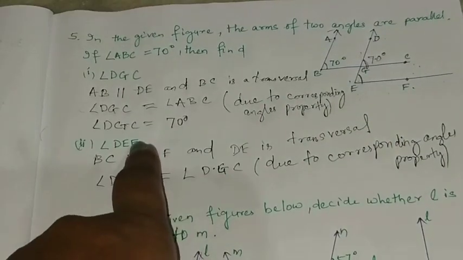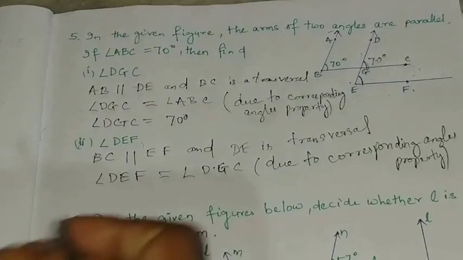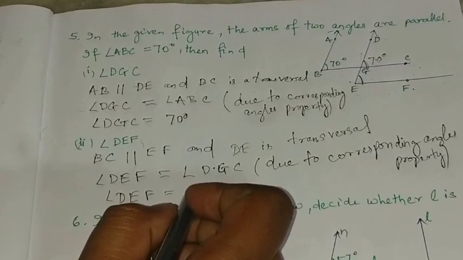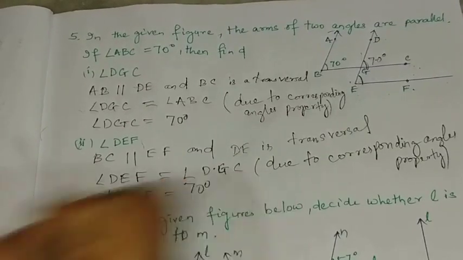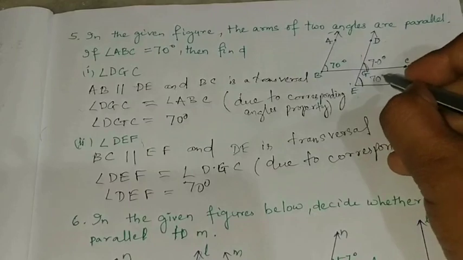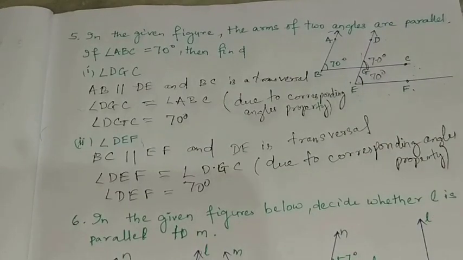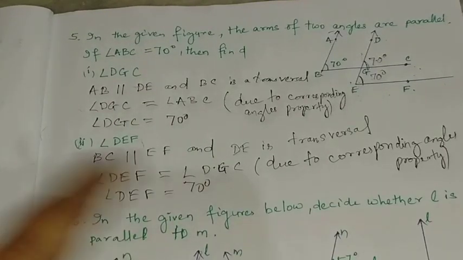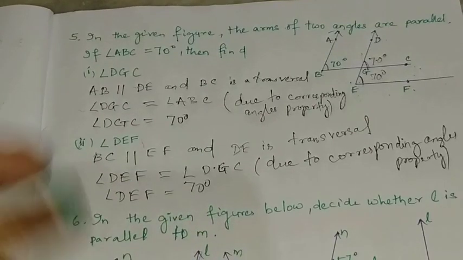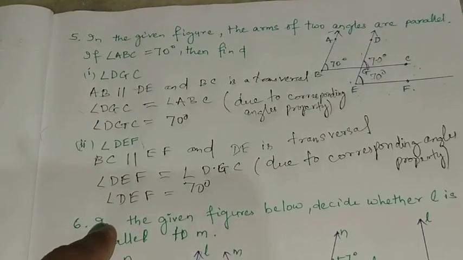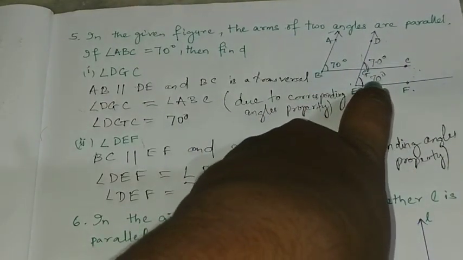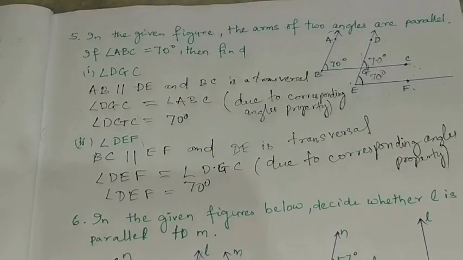How much have you found DGC? DGC is 70 degree. So angle DEF equal to 70 degree, because these are corresponding angles. Here you have to find the parallel lines, then the transversal, then you can find the angles which are equal. This pair is also corresponding angles.